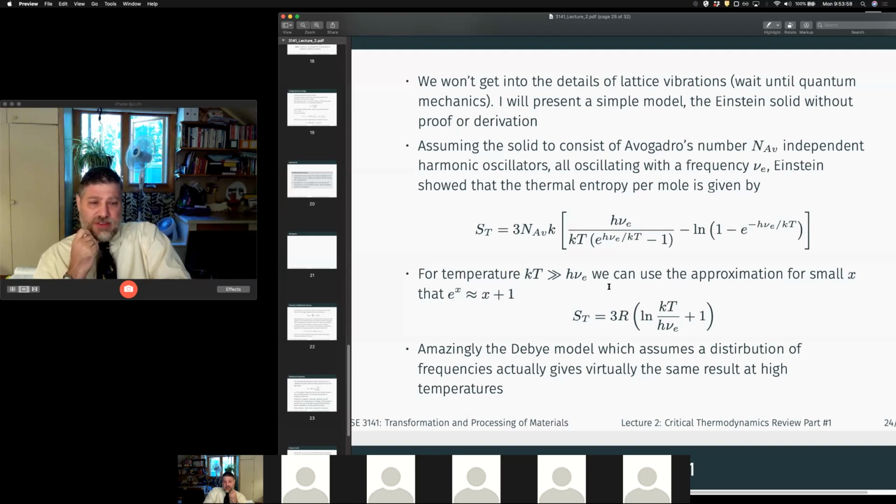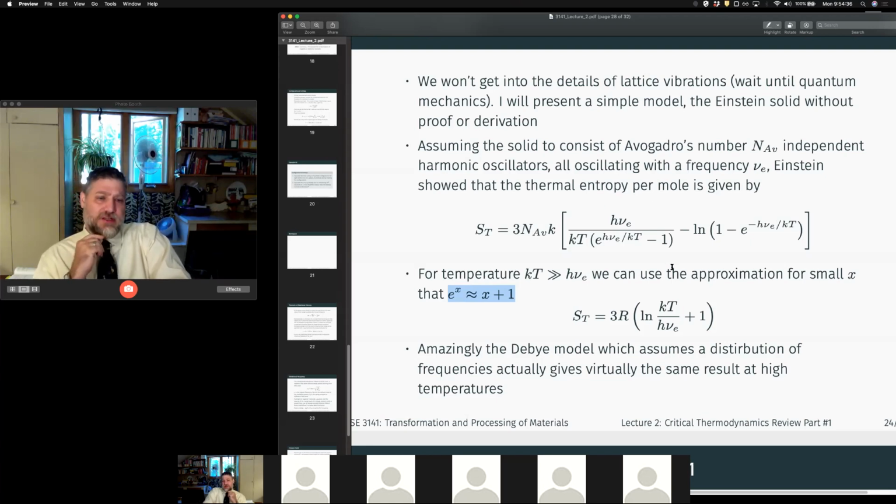If our temperature is high enough, we can use this approximation that for small x, e to the x is approximately x plus 1. This is another one of those useful approximations to try out, right? If you've never done it, just take e to the 0.001, and you'll see it's about 1.001.